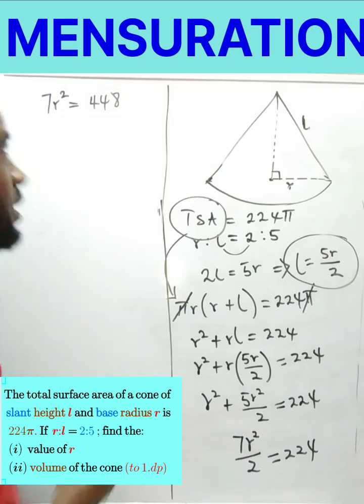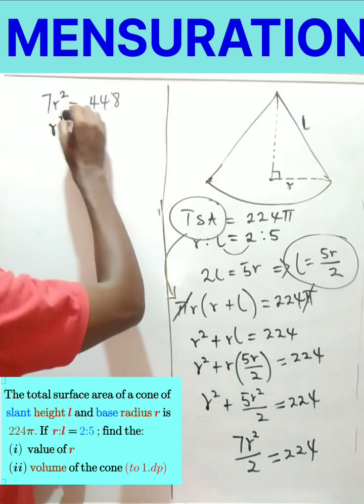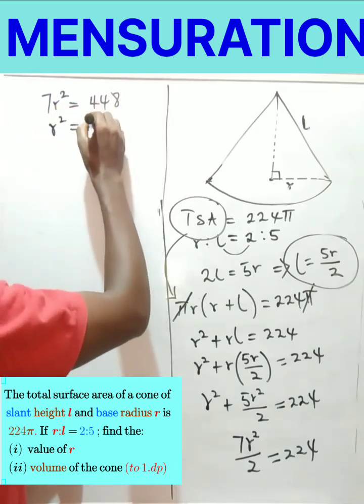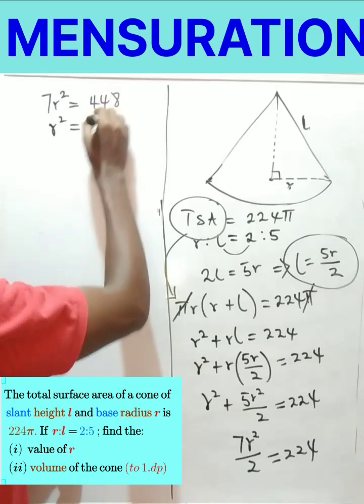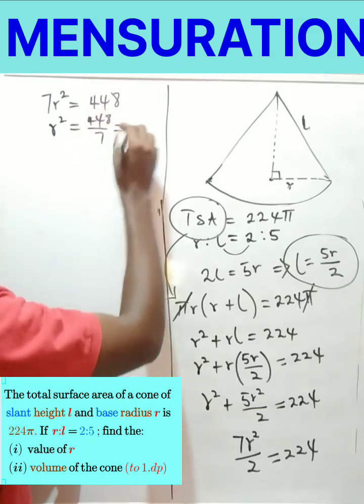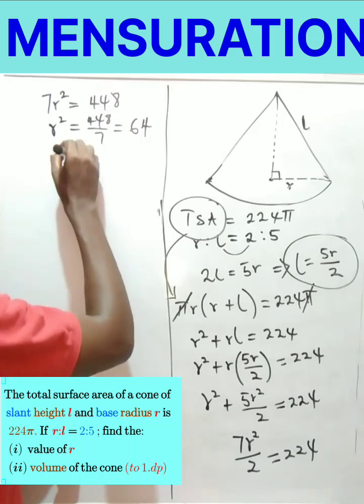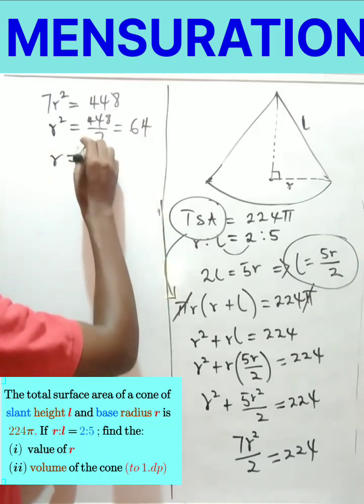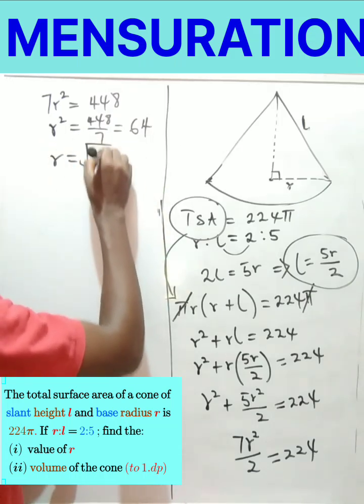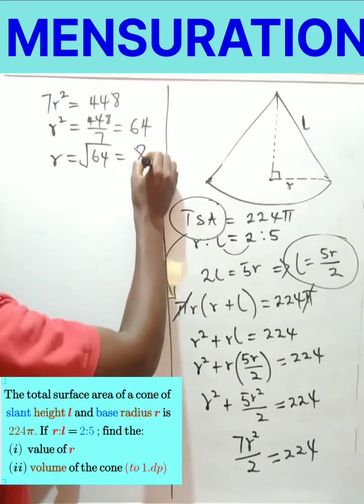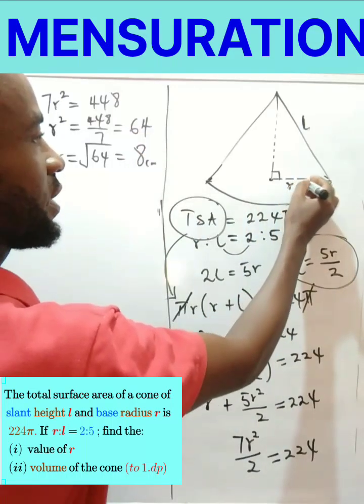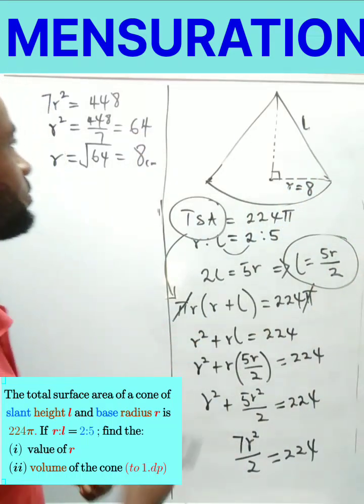And so my R squared is equal to 448 divided by 7, that will give us 64. Which means that my R is equal to square root of 64, and that is 8. So I've gotten my base radius here as 8.